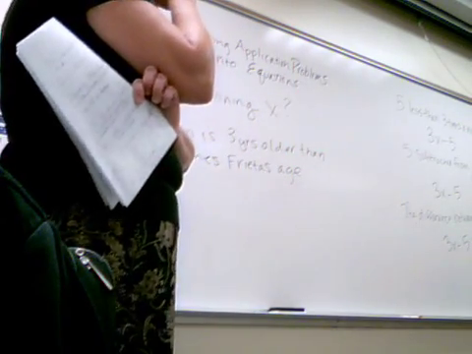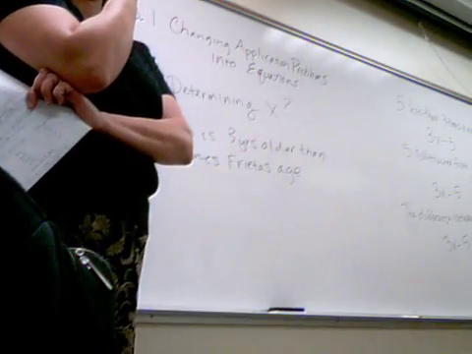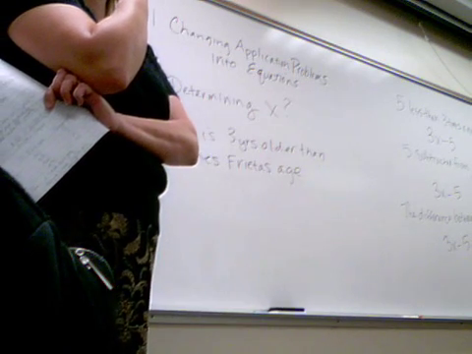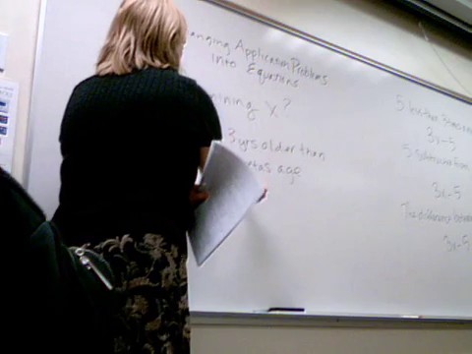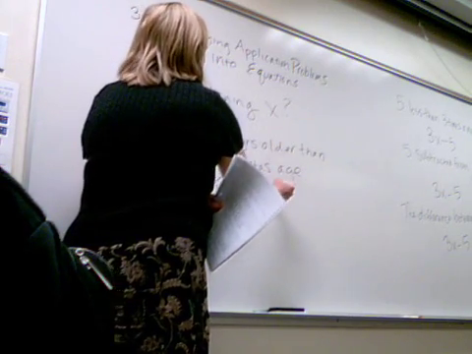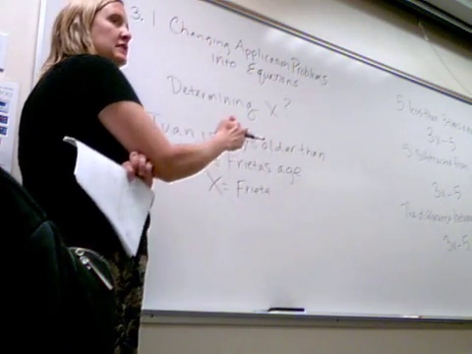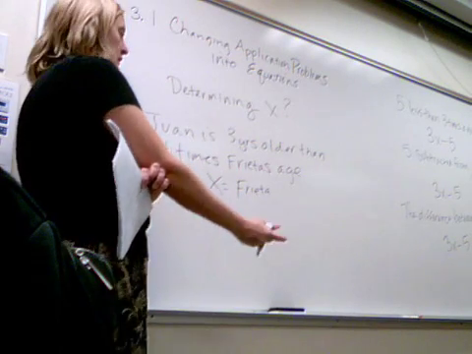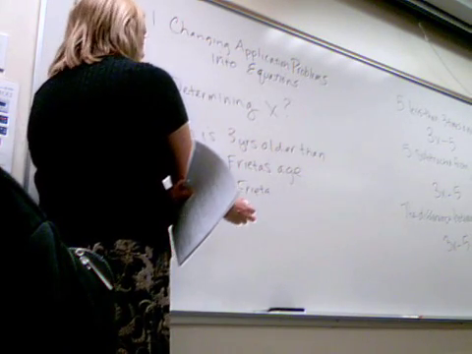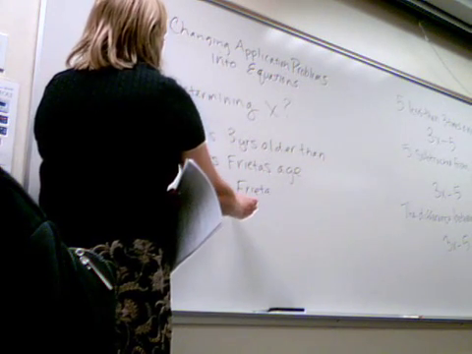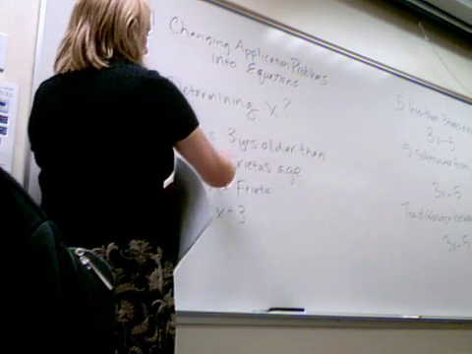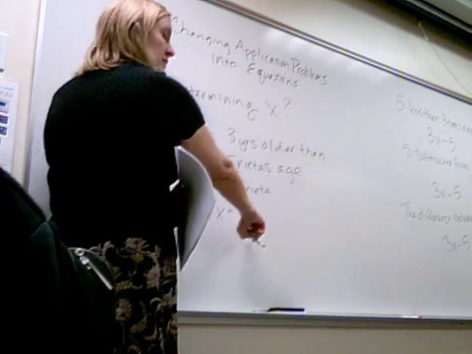Who are we putting age in terms of? Frida. Frida is what we don't know. Frida is the x, because Juan is being given to us in terms of Frida. So if Frida is x, then Juan is 4 times Frida plus 3. 4 times Frida's age plus 3.